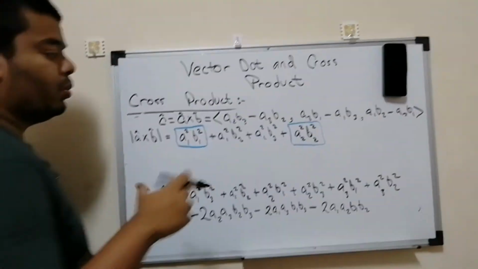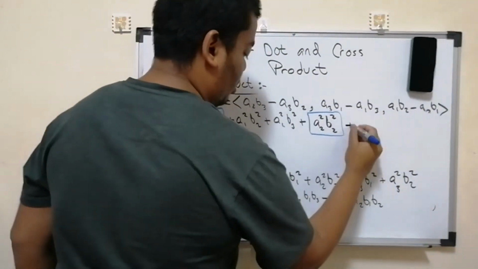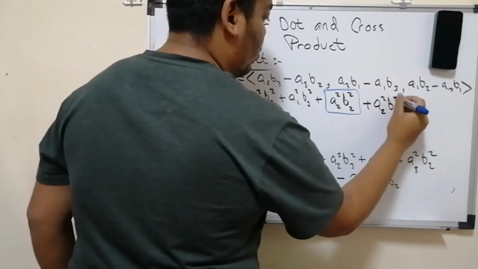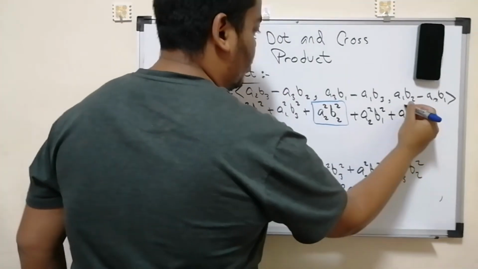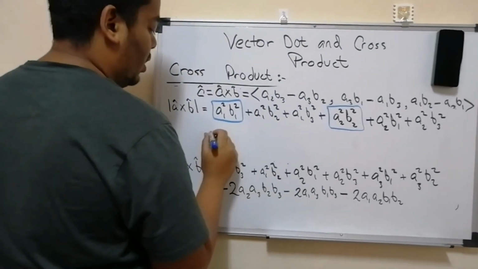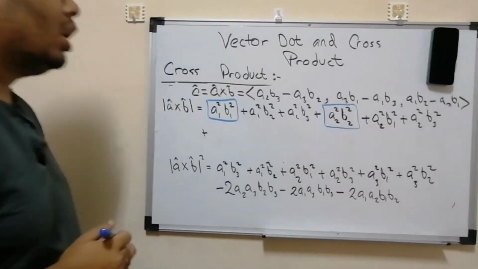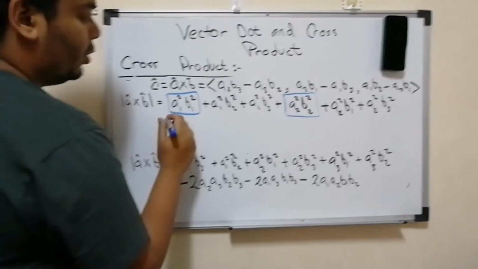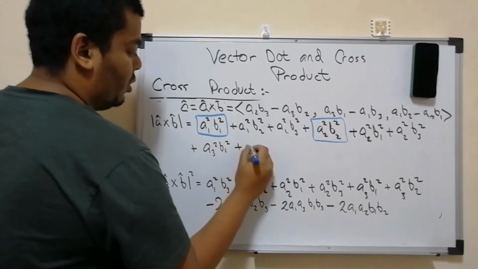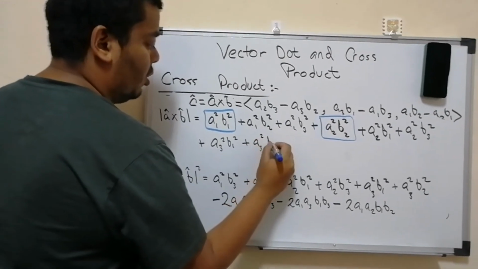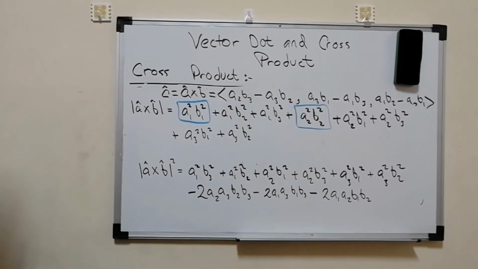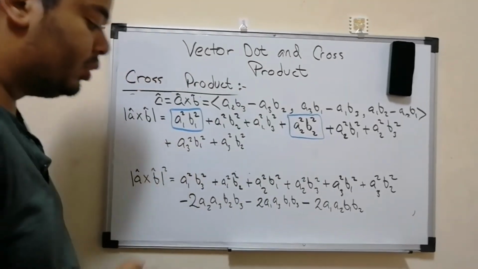A2 square B2 square plus A2 square B1 square plus A2 square B3 square. Then A3 square B1 square plus A3 square B2 square.